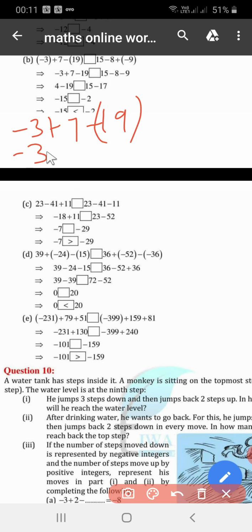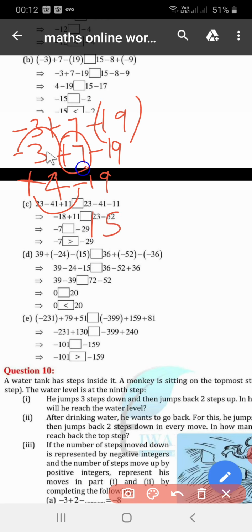Minus 3 plus 7 minus 19. Now see, minus plus minus 7 minus 3, what will you get here? 4, the bigger digit 7 is positive, so plus 4 minus 19. Again plus minus 19 minus 4, what will you get? 15. 19 is greater, so the bigger digit's sign will be negative.